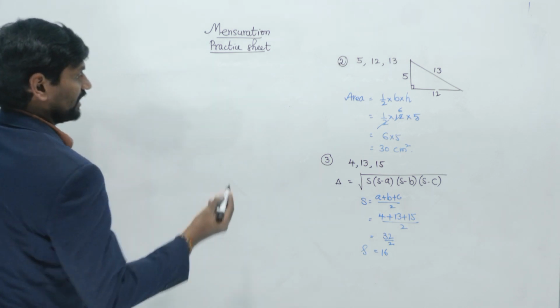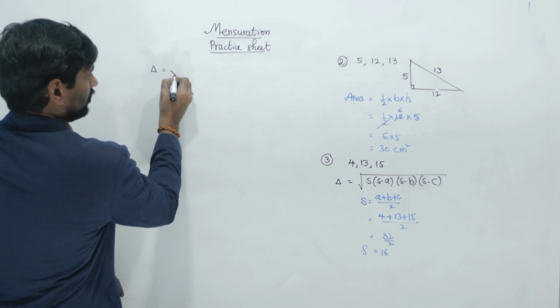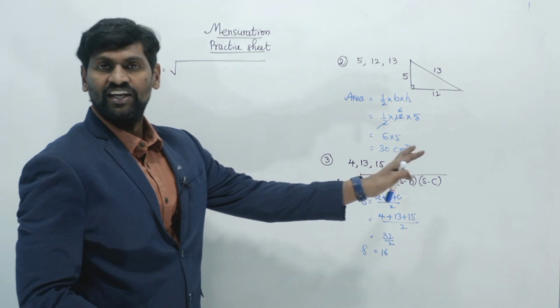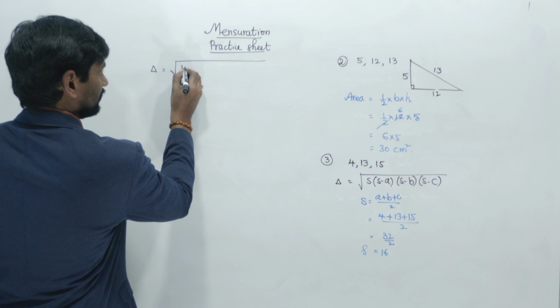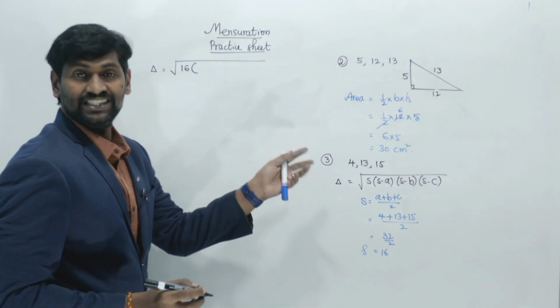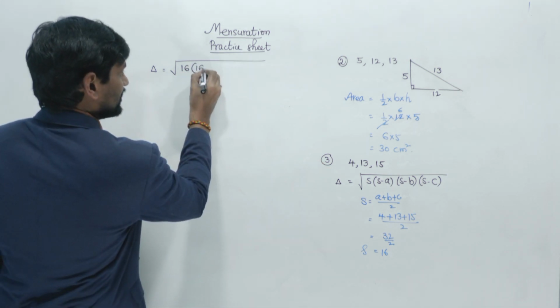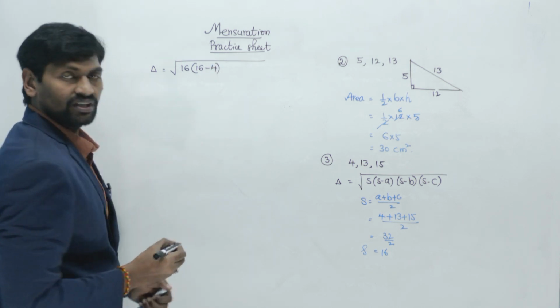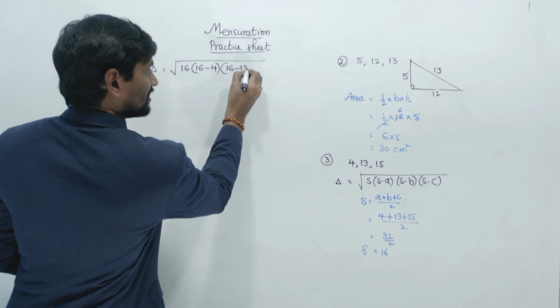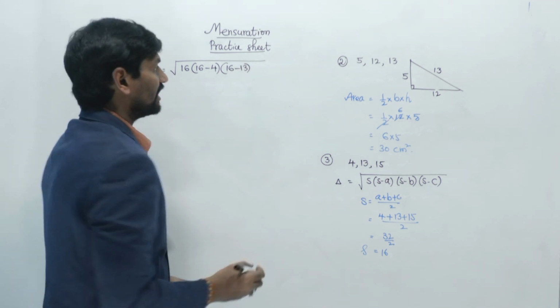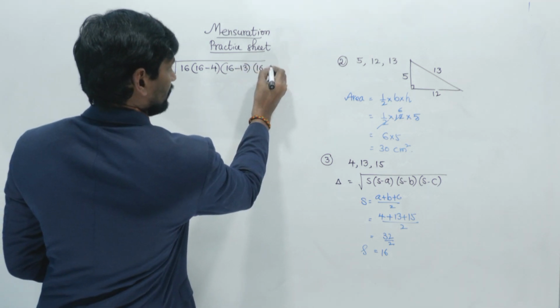Area of a triangle equals root over s into s minus a into s minus b into s minus c. S value, how much? 16. Now s minus a, that means 16 minus 4. Second bracket value s minus b, 16 minus 13. Third bracket value s minus c, 16 minus 15.